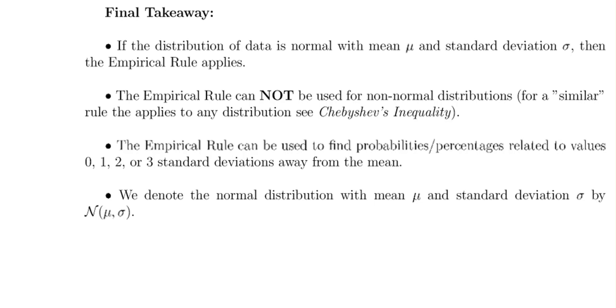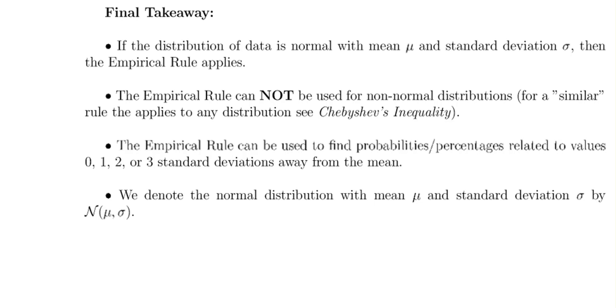It's something that's a little more complicated, but that's fine. The empirical rule can be used for finding these probabilities or percentages related to values that are 0, 1, 2, or 3 standard deviations away from the mean. So we're not going to have any luck when we're finding values between those. So our information or questions are limited right now.